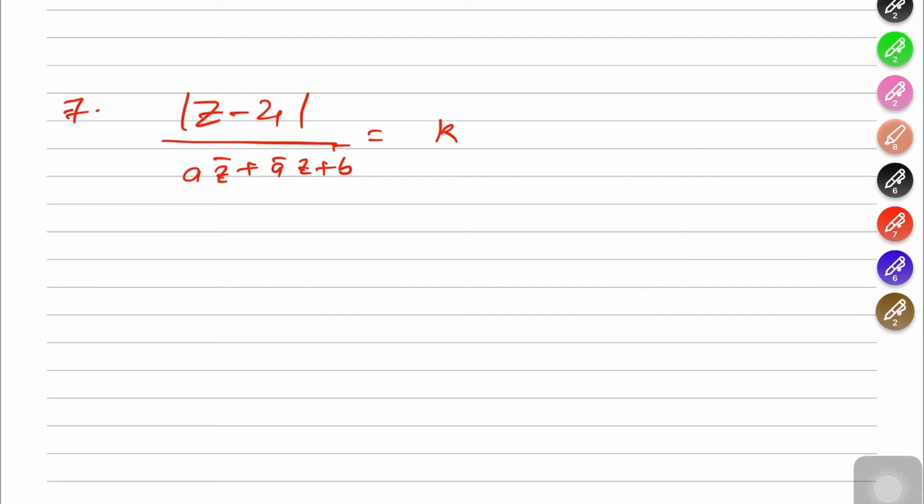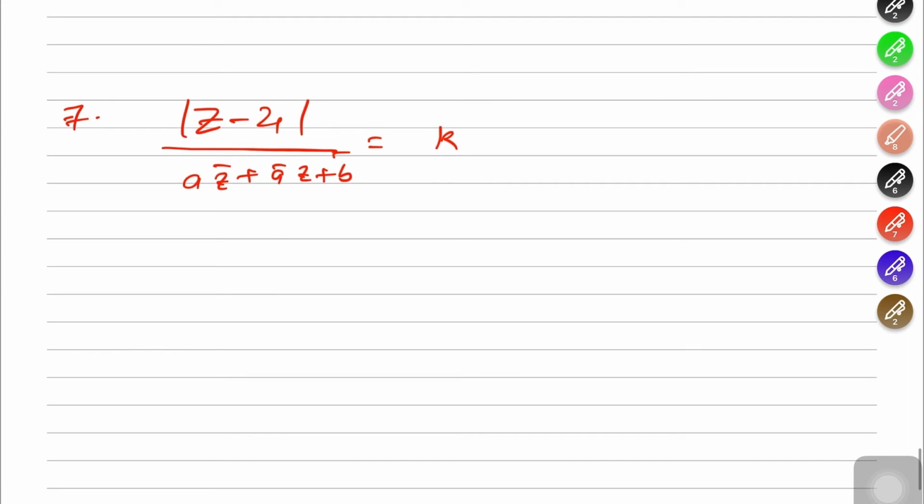Seventh, mod of Z minus Z1 upon mod of a Z bar plus a bar Z plus b is equal to K. Clearly, the denominator in this case is the equation of a straight line. In this case, the locus is a conic section.